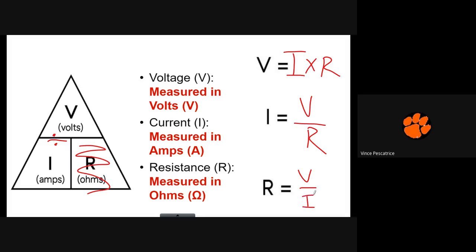So this is how you solve for all of them. The point of this triangle is to take the algebra out of this assignment. You can simply cover something up and see what it's talking about, see what your formula is, really simply and quickly. So let's do a few. I'm going to do 3 problems. I'm going to do one where we solve for resistance, one where we solve for current, and one where we solve for voltage, and do one of each.